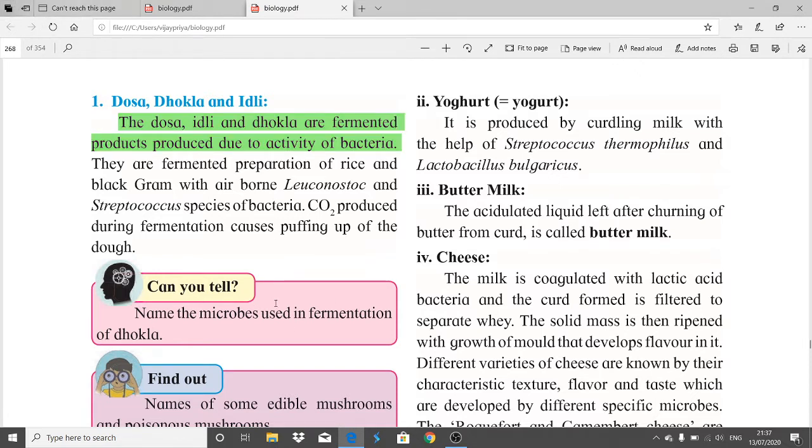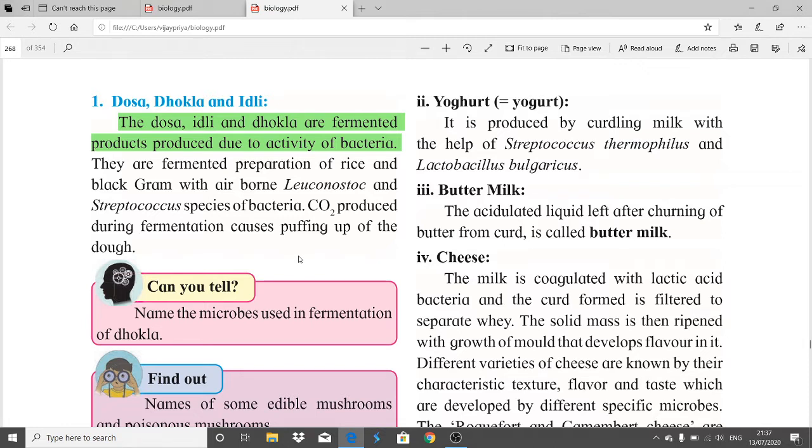They are fermented preparations of rice and black gram with the airborne Leuconostoc and Streptococcus species of bacteria. As we were talking about the fermentation process, your mom doesn't add anything inside that, she doesn't inoculate anything in that.